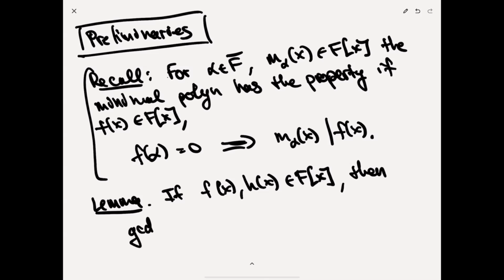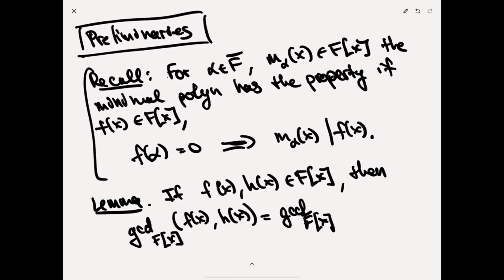The GCD is really only well defined up to a unit, like a generator of an ideal, but I'm going to write h of x is equal to the GCD of f and g anyway.